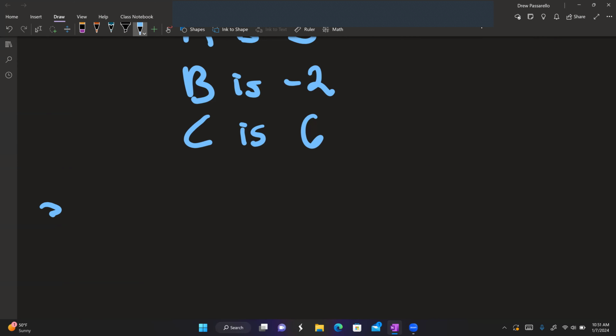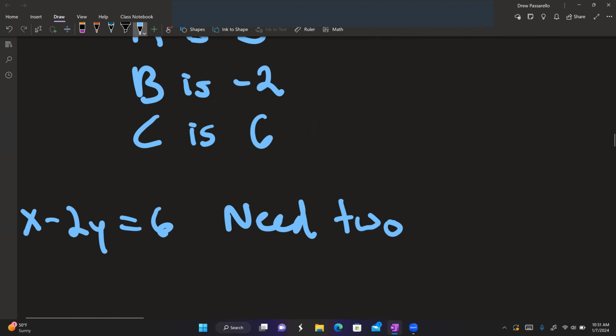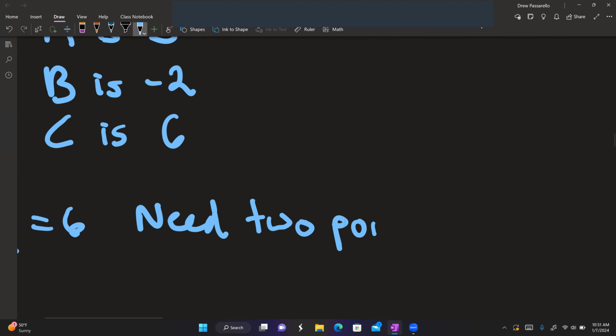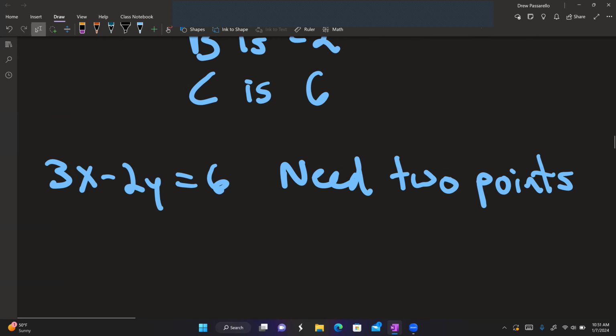So it's 3x minus 2y equal to 6. And I said we need 2 points to graph the line, and you plot the 2 points and connect them with the line. So how do we get the 2 points?